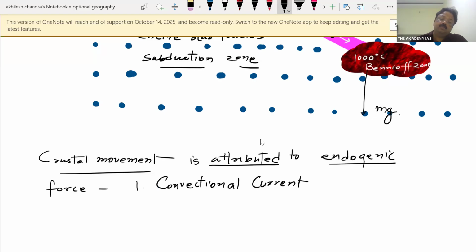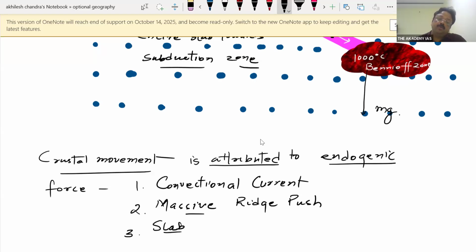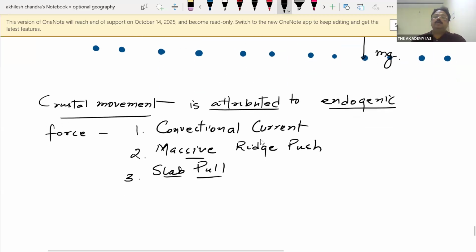Number two, massive ridge push. And number three, slab pull. So all these three forces were responsible for crustal movement. These were discovered by 1940. In the 40s, these were discovered.